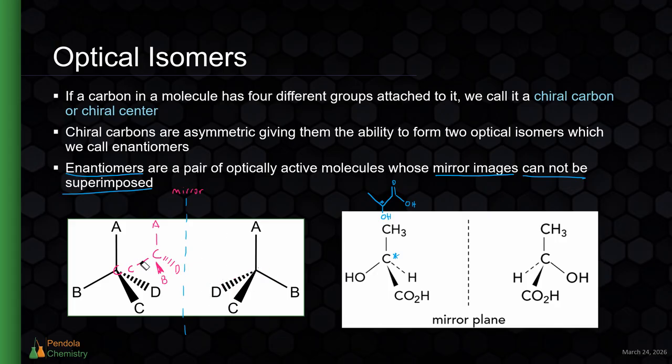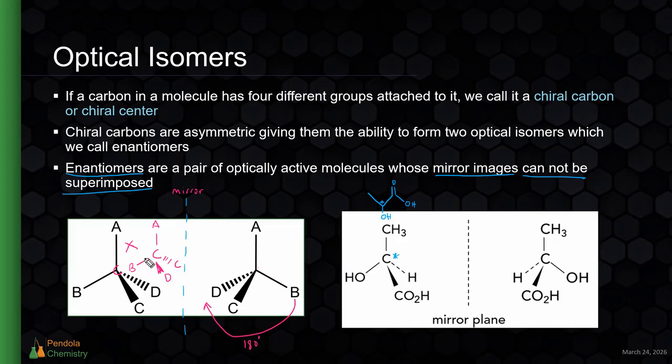Let's say I wanted to do it so that the B is in the same place. So if I wanted to get the B in the same place, I will rotate this essentially 180 degrees so that the B is in the back. But what I will see is that the D, as it rotates, would end up in the front and the C in the back. So these are not superimposable. These are not the same molecule.